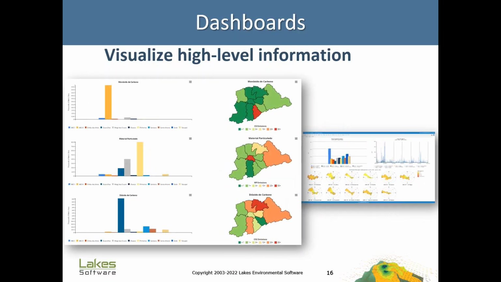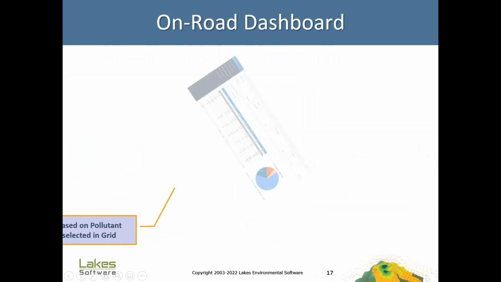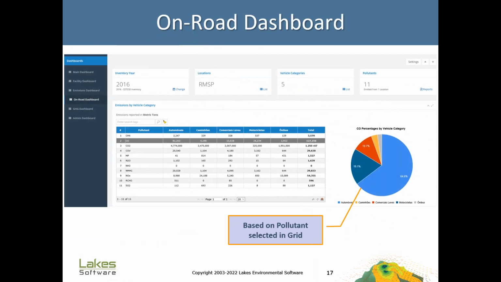So we can visualize things easily. Jurisdiction, this is a case in Brazil. And you can see that in the jurisdictions, the highest one for carbon monoxide is this one, particulate matter PM10 is this one, etc. There are many types of generated dashboards.